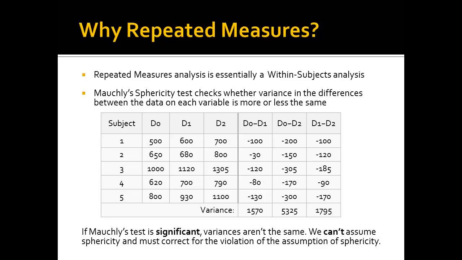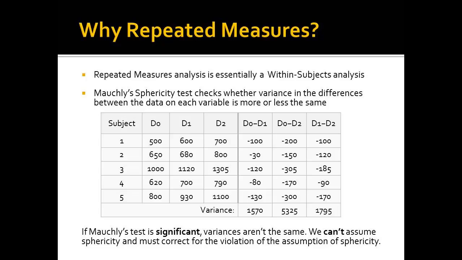Now Mauchly's test tells us if these variances are the same or different, because we'd expect them to be the same. Now if Mauchly's test is non-significant, it suggests that the variances are the same, so we can assume sphericity.